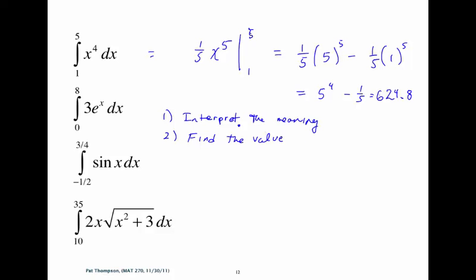Okay, so I know it's monotonous and it's warm in here, but it's really good practice to keep interpreting, keep practicing the meanings of these, okay? Because what good is it if you don't know what it means, right? What good is it if you don't know precisely what it means? So, get a partner. First, take turns talking through the meaning. And then find the value.